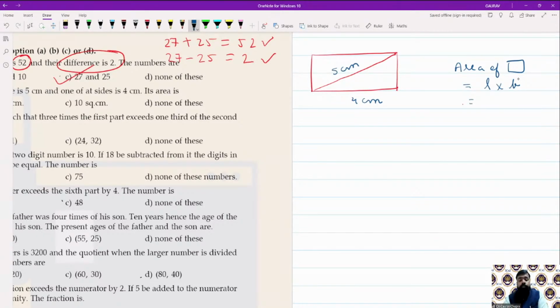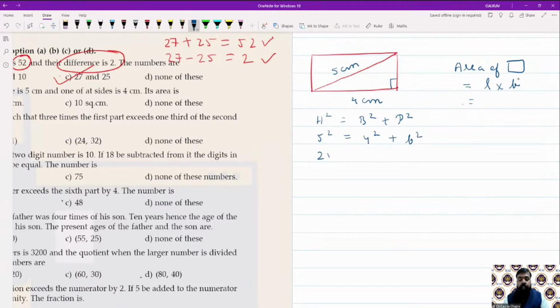And how to find it? If we see this rectangle clearly, it has a 90-degree angle and it is forming a triangle. So we can apply Pythagoras here. Hypotenuse square is equal to base square plus perpendicular square. So hypotenuse is 5. So 5 square is equal to 4 square plus breadth square.